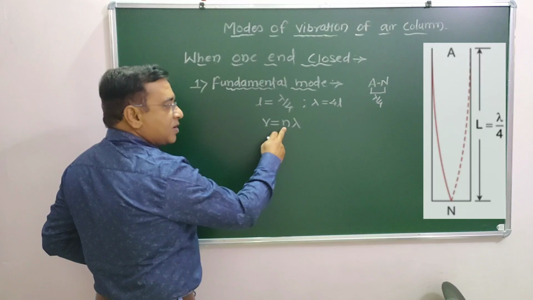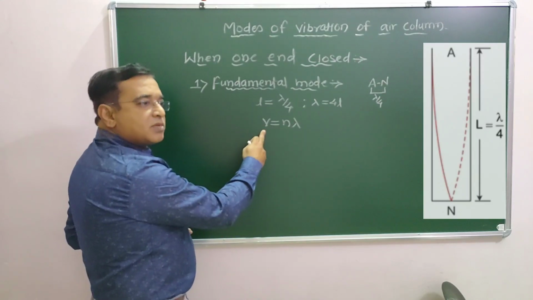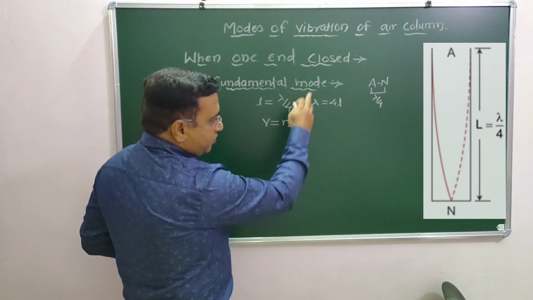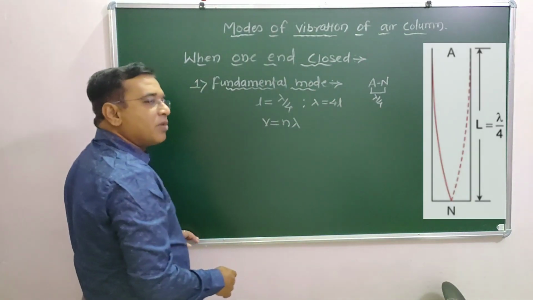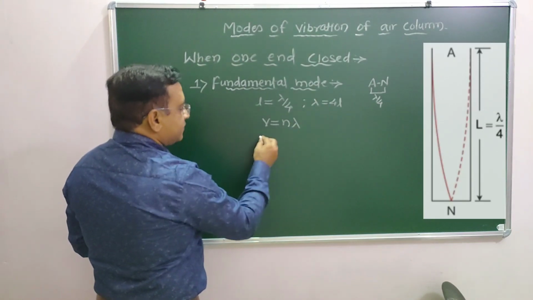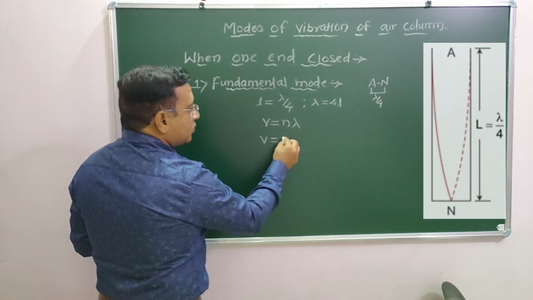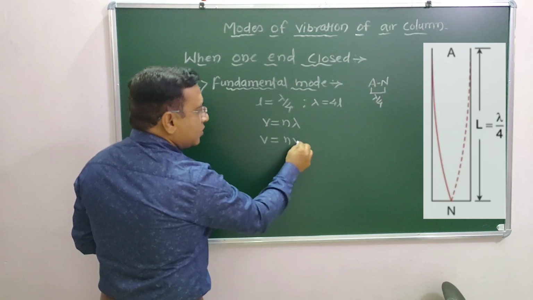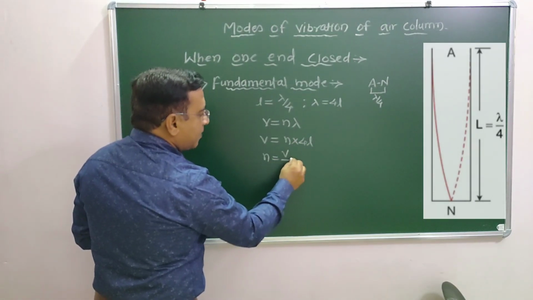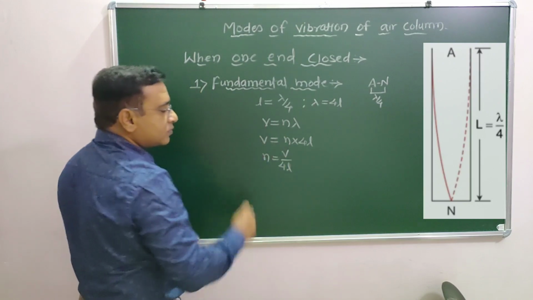N is the fundamental basic frequency, V is the velocity of sound, and lambda is the wavelength of the wave which we pass inside the tube, forming a stationary pattern. Substituting the value of lambda, V is equal to N into 4L. So N is equal to V upon 4L.